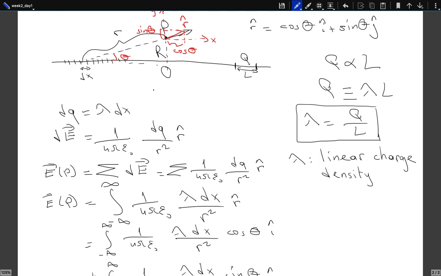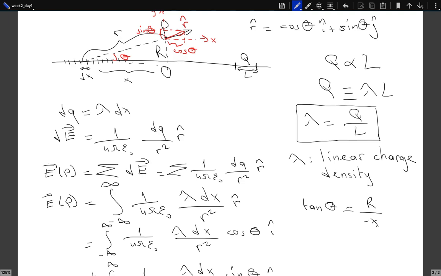Theta. Okay, so let's express all the other parameters in terms of theta. On one hand, I have this x. What is tangent theta in that figure? R over minus x.